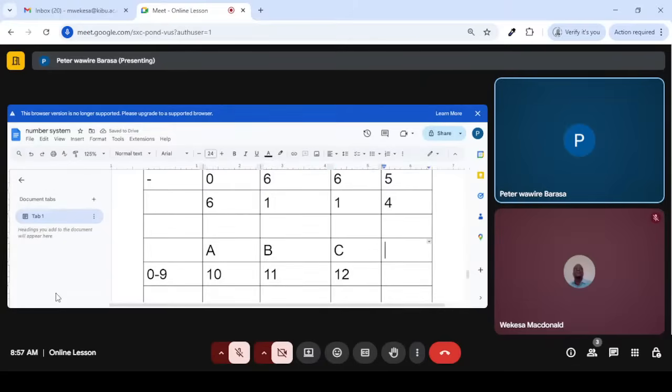Yeah, I tried logging. Okay, we had some challenge with the network. Let me just check again.